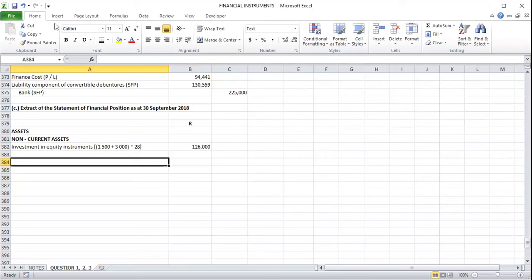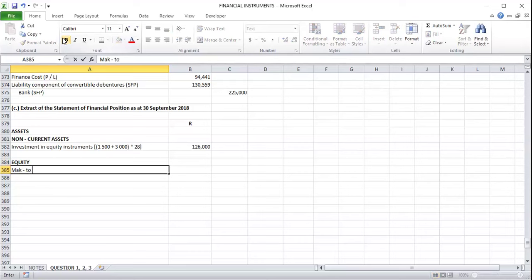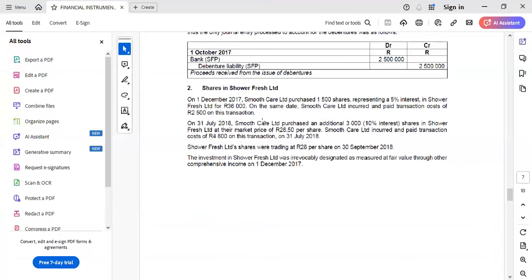Right. Then under equity, we'll have the mark to market, which is the increase in the value, which is 126,000 minus the cost. Remember that these ones were bought at different prices, and we would also include transaction costs.